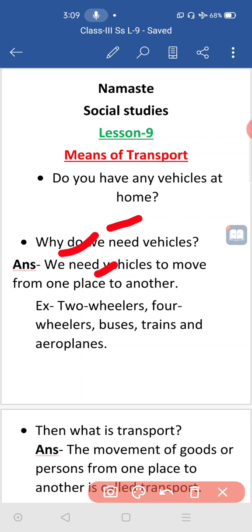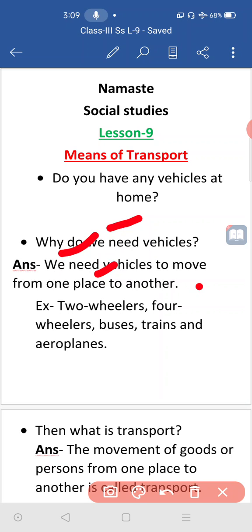For example, now we are in Nagaribomanahalli. If we want to go to Vasapete, what do we need to do? We need to go by vehicle only. Car or bike or bus, government bus, whatever it may be. So we need vehicles to move from one place to another.